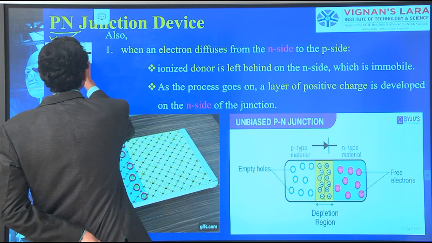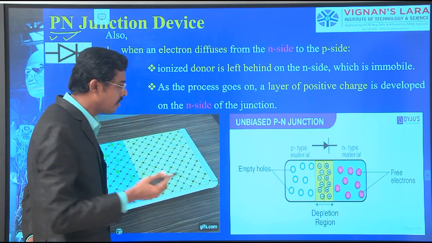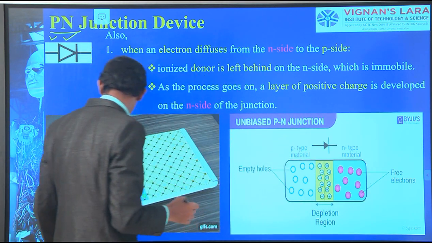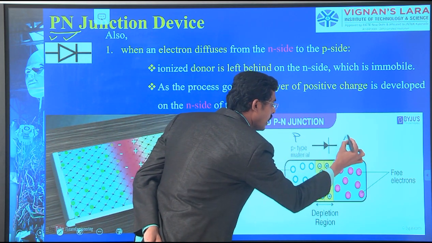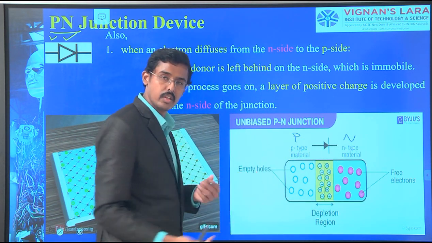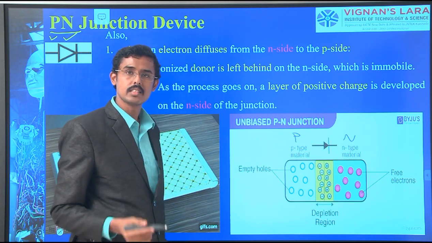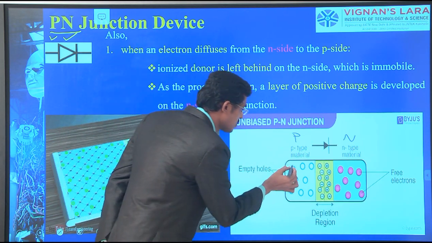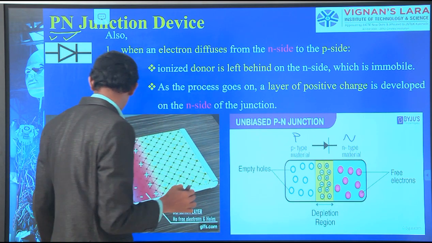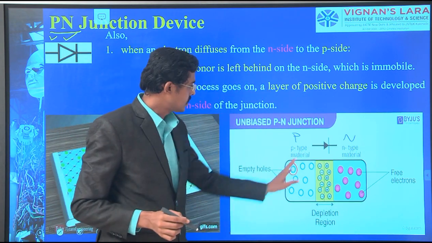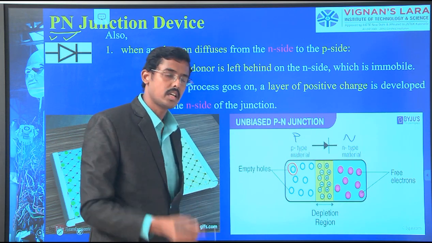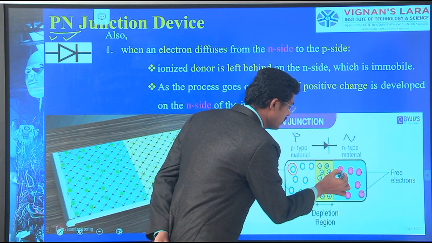So here in the PN junction diode, we have the P and N combined. We know this P contains the majority charge carriers of holes, and that side the N-type contains the majority charge carriers of electrons.